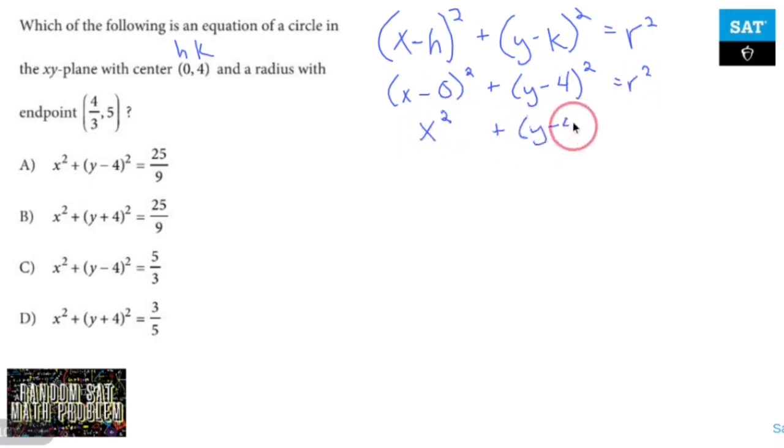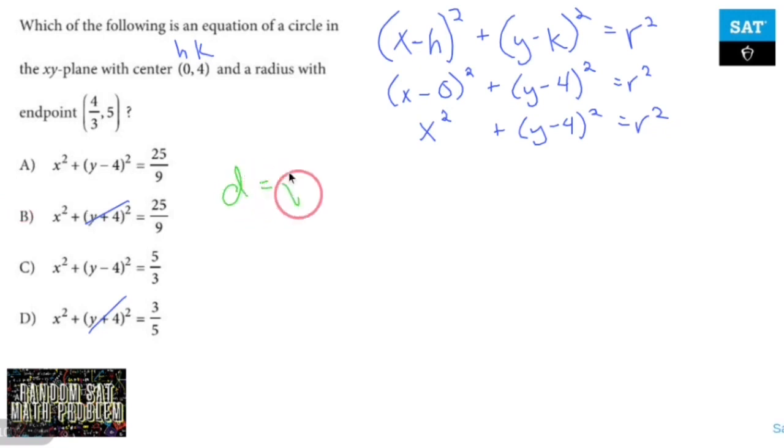Usually right around this point, once I clean this up a little bit, I see if I can cut some corners. But unfortunately, I can't just look at this and be happy with what I came up with so far. I'm going to have to find the nightmare that is the radius. My radius is going to be the distance between that point and that point. So I am going to use the distance formula.